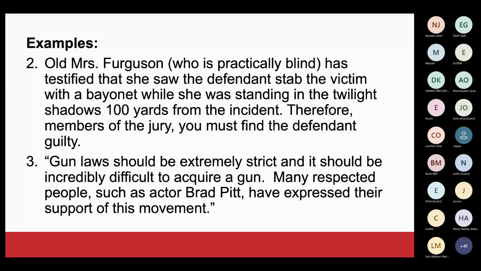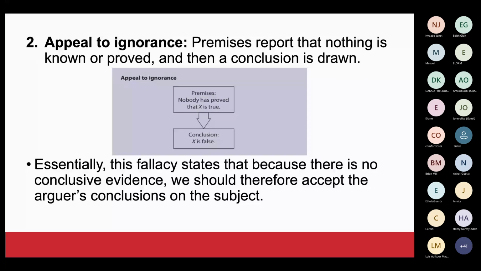All right. Then we come to what we refer to as the appeal to ignorance. In the appeal to ignorance, the premises report that nothing is known or proven, and then a conclusion is drawn.